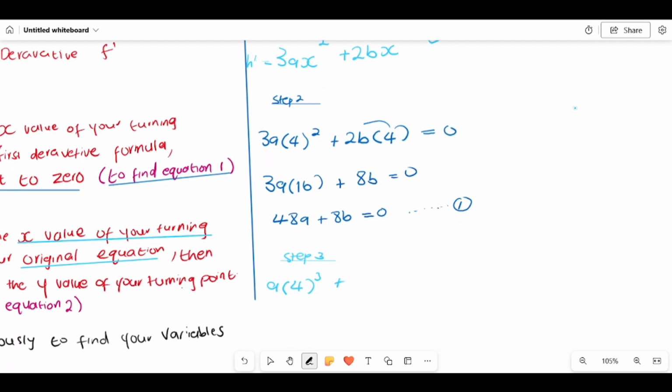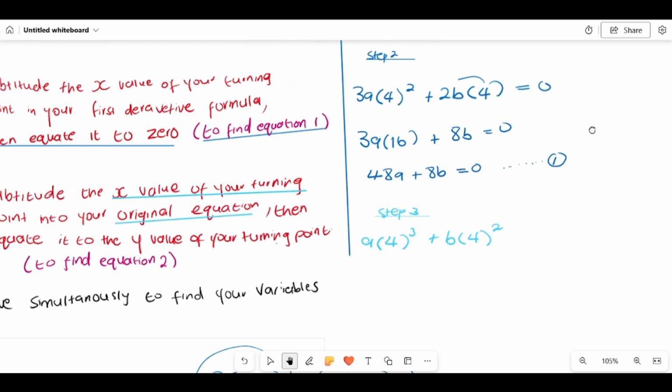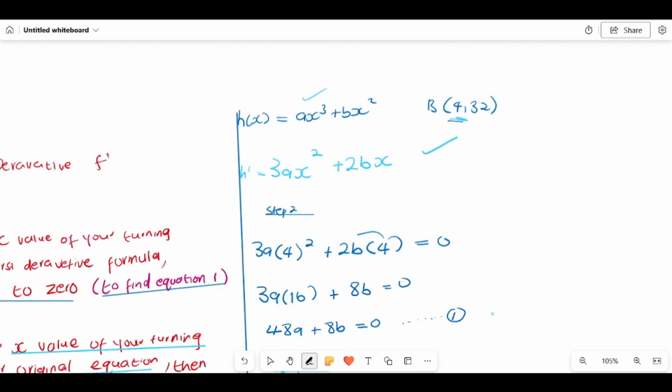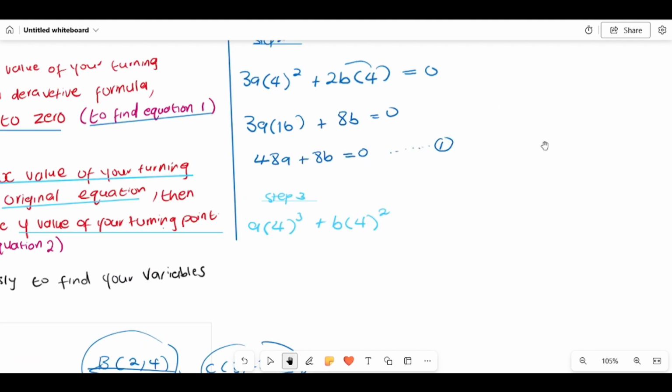So it's going to be b, my x, it's 4 squared. And in accordance to step 3, we need to equate this to the y value of our turning point, right? Now, what is the y value of my turning point? The y value of my turning point is 32, so I'm going to equate this to 32.